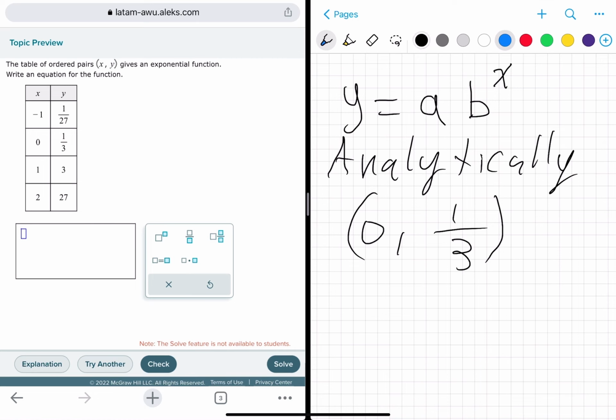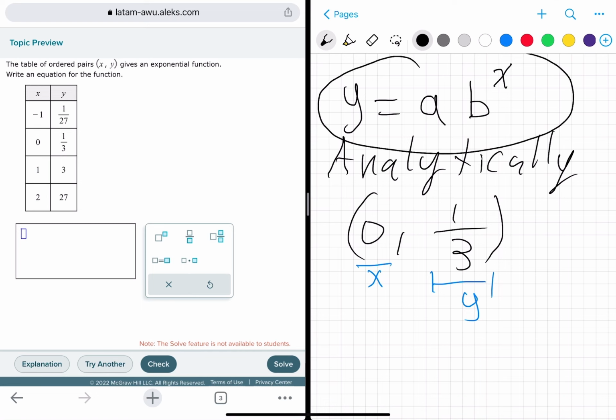This is the value of x and this is the value of y. So I'm going to replace those in my function. I'm going to replace y with 1/3 equals a, the number we don't know, times b, the other number we want to find, to the x, which in this case is 0.